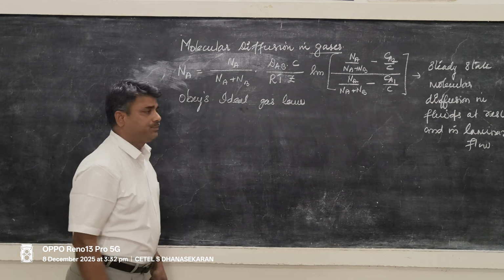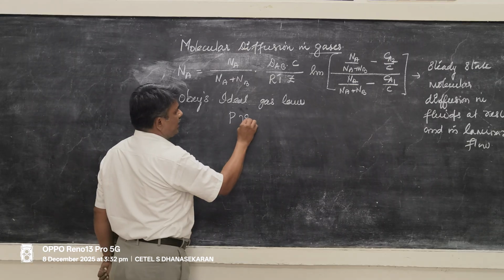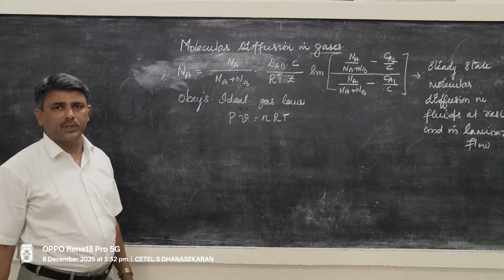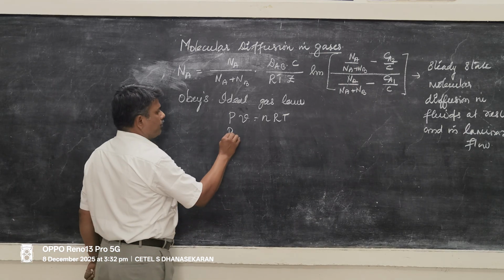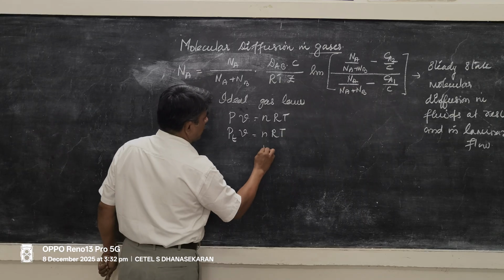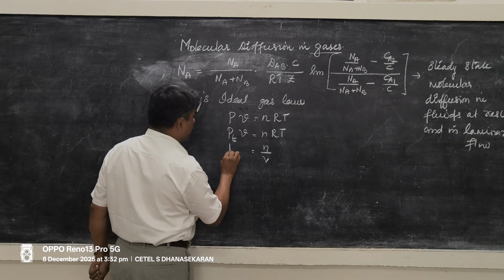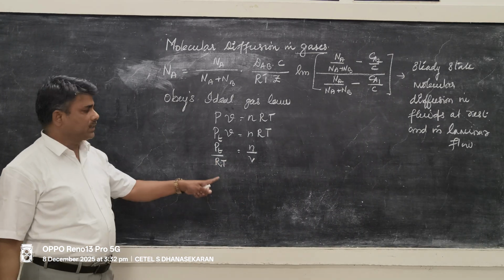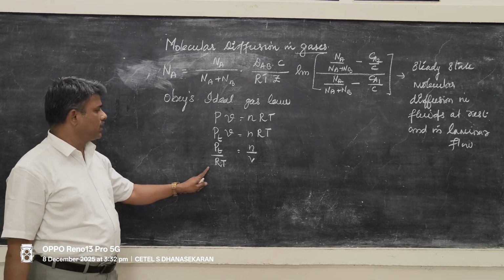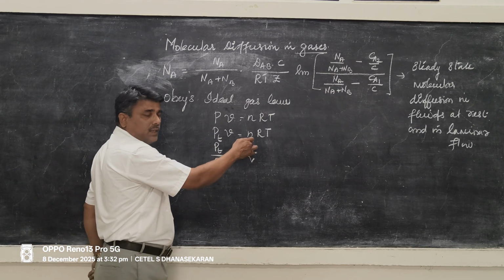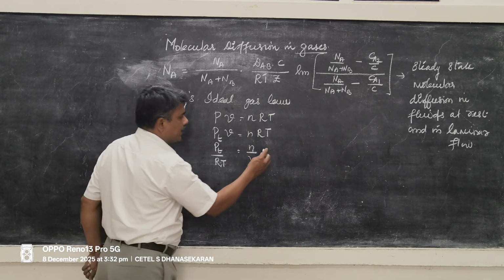Which states that PV is equal to nRT. At a total pressure of 1 atmosphere, Pt into V is equal to nRT. So n by V is equal to Pt divided by RT. P stands for total pressure, R stands for gas constant, T is the experimental temperature, n is the number of moles, and V is the volume of solution in liter.